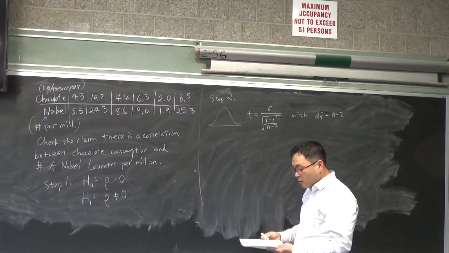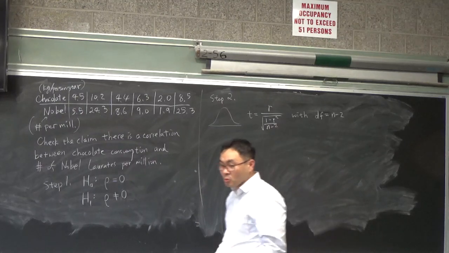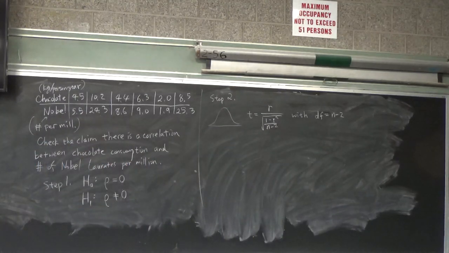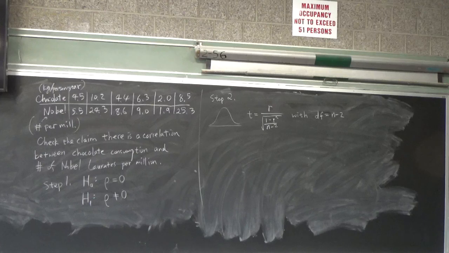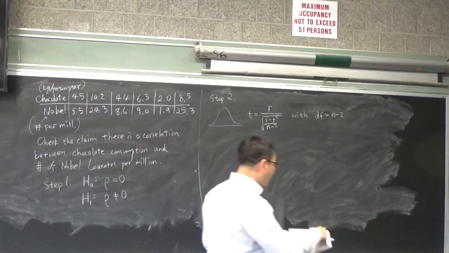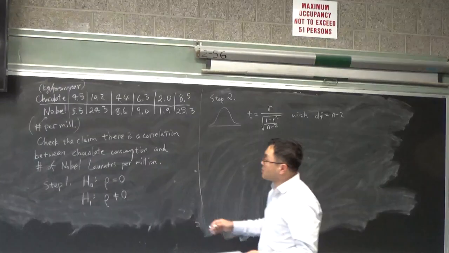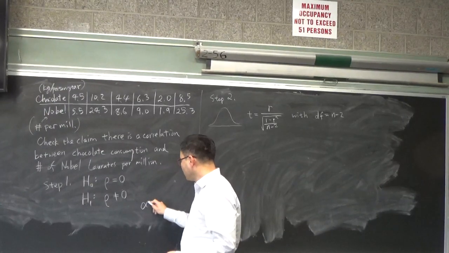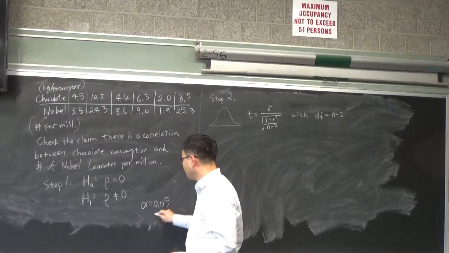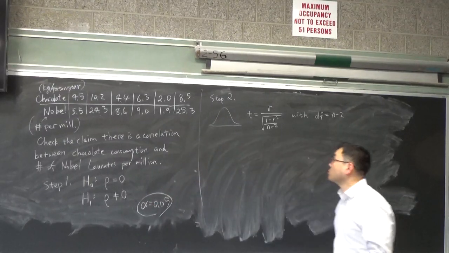So what we do is there's the table of rho values. I handed out this Pearson rho table, and according to the rho table, let's just say that the significance level is 0.05.